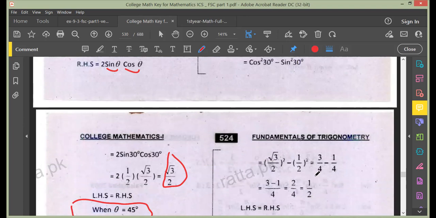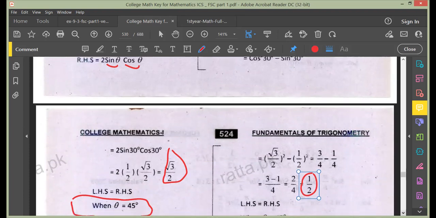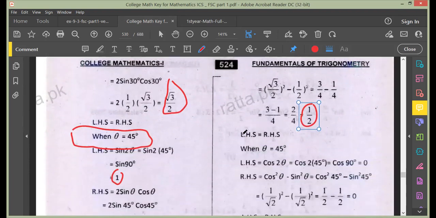After LCM is 4, 3 minus 1 will be equal to 2 after simplification. And on division of 2 by 4, our answer will be equal to 1 by 2. So the left hand side answer is equal to 1 by 2 and the answer of the right hand side is equal to 1 by 2. So at angle 30 the left hand side is equal to the right hand side.